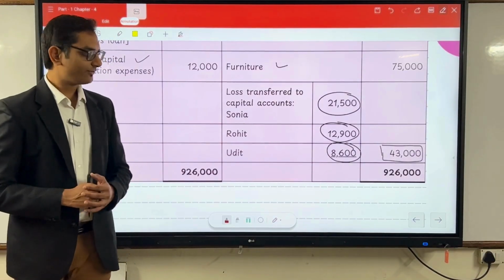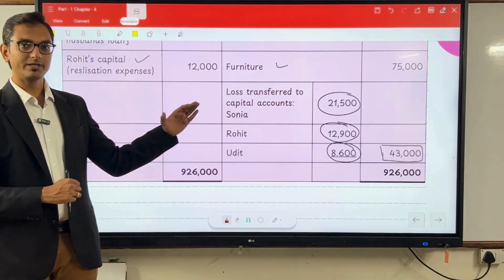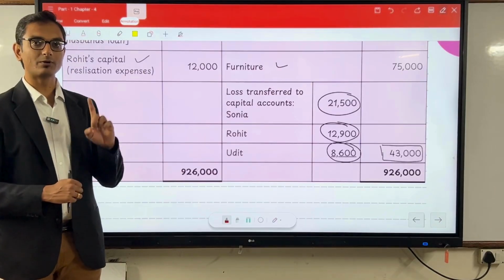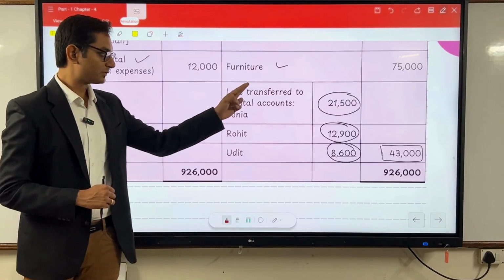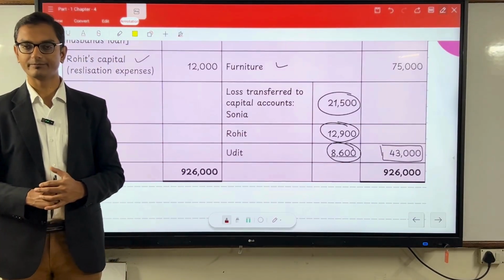At the end, the firm has a total loss of 43,000, which is divided between Sonia, Rohit and Udit in their profit sharing ratio. It comes to 21,500, 12,900 and 8,600.